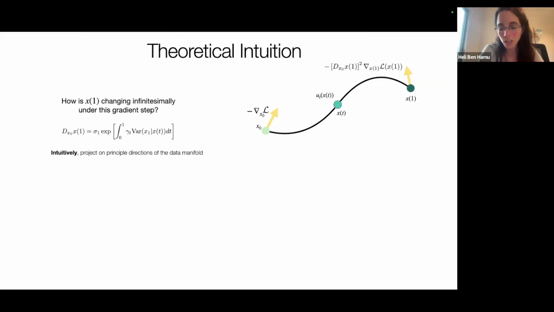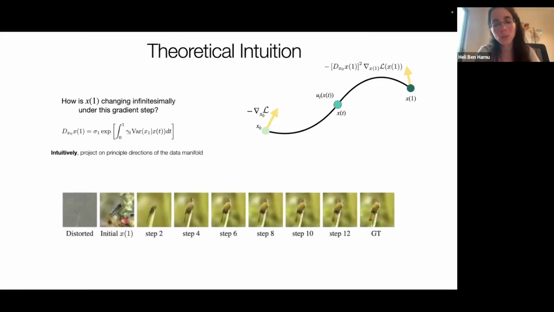Empirically, our example here is an image that we in-painted, where we took away 90% of its pixels, so that's a distorted image. We initialized our algorithm with some x0, and this is the initial x1 that corresponds to this x0.